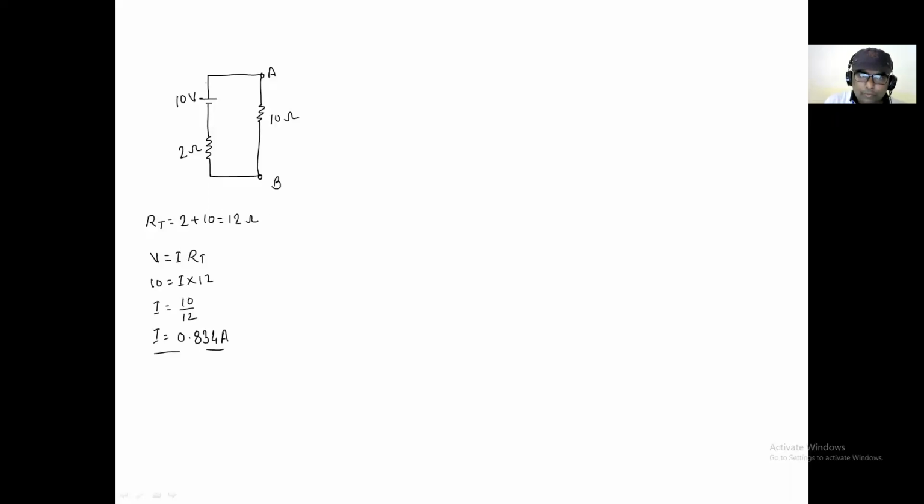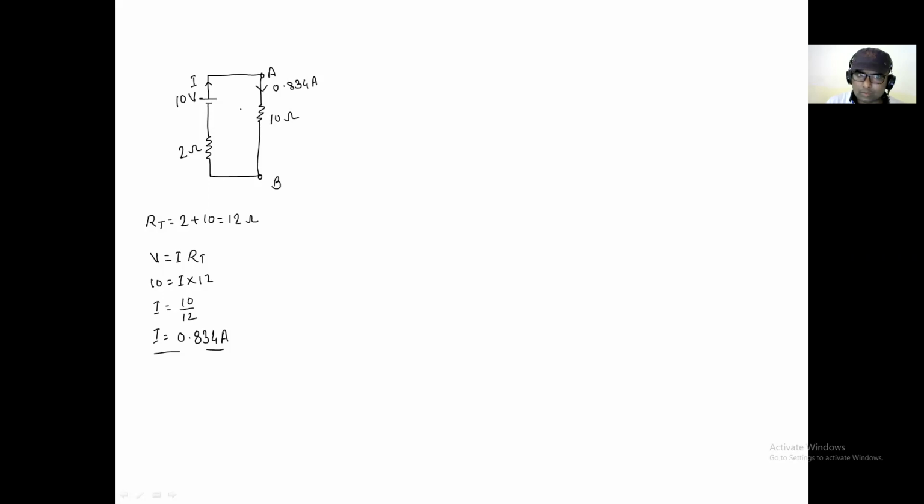Now we know that the same value of current flows through both the resistances, which means the current flowing through this 10 ohm resistance is 0.834 ampere. Once you know the current flowing through this 10 ohm resistance, can you calculate the voltage across it?